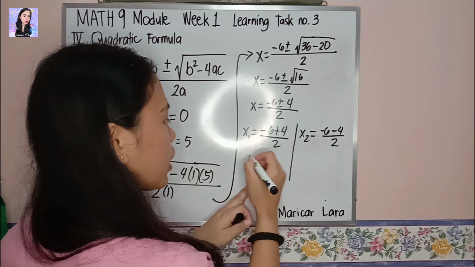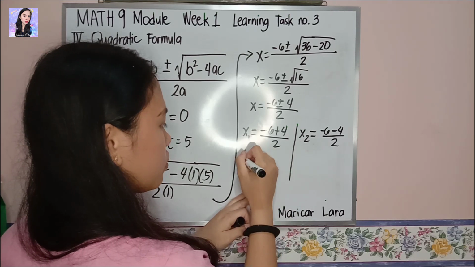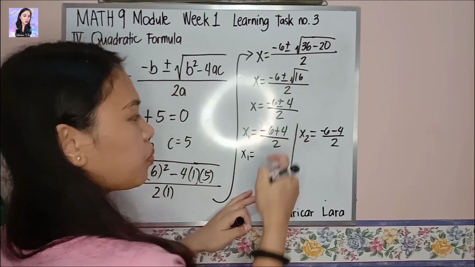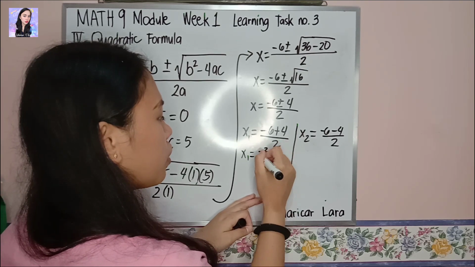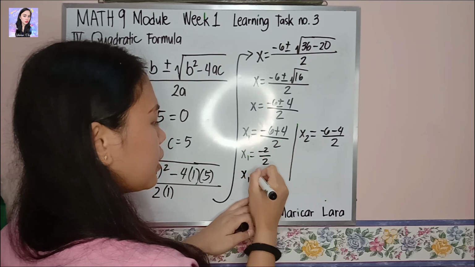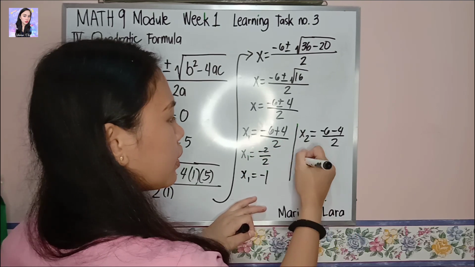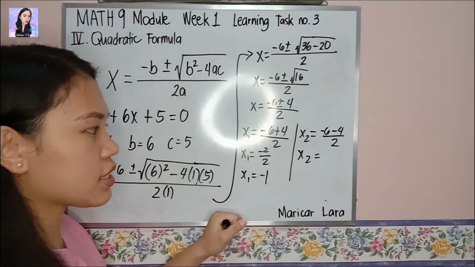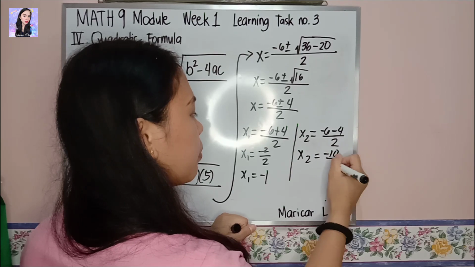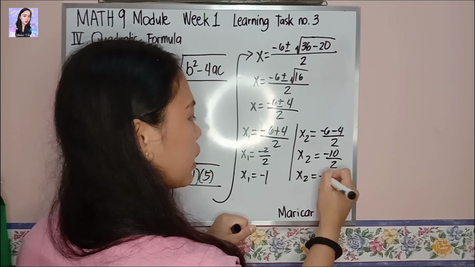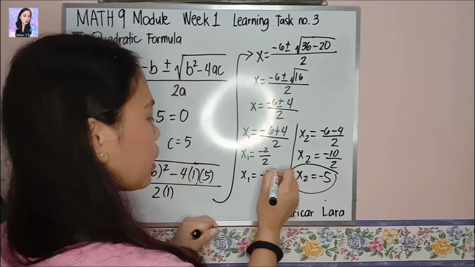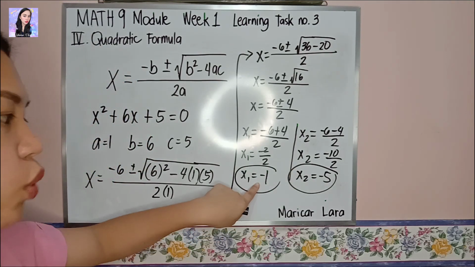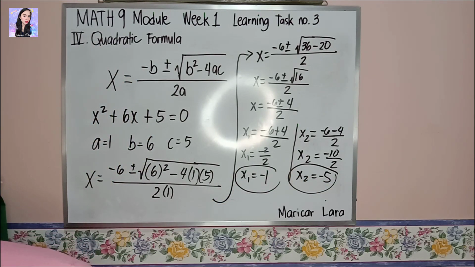So, susolve na natin siya ng magkabukod. So, negative 6 plus 4 is negative 2. Divided by 2 is negative 1. And then, negative 6 minus 4 is negative 10. Divided by 2 is negative 5. So, ito na yung dalawa nating answer. Negative 1 and negative 5.